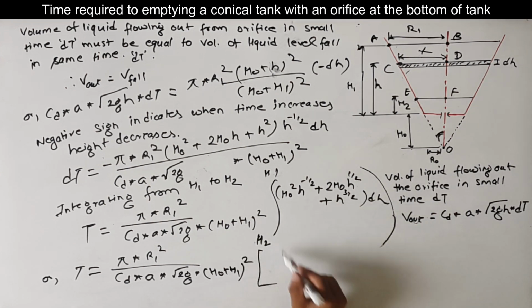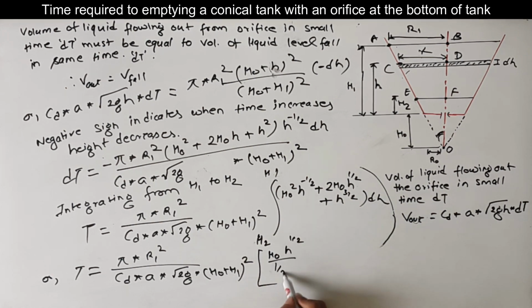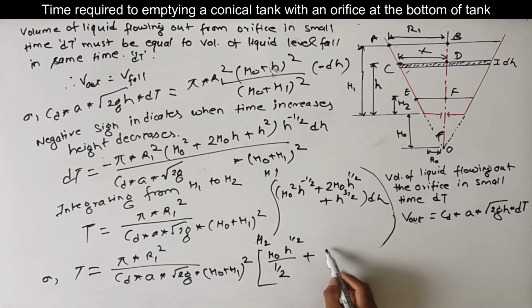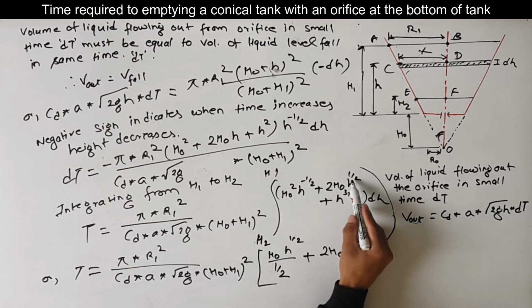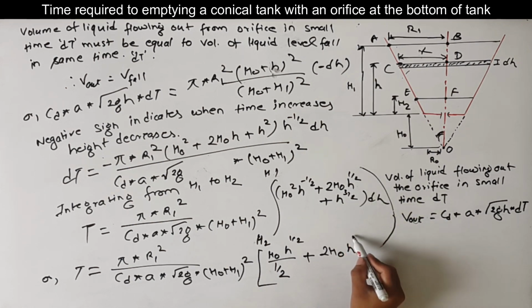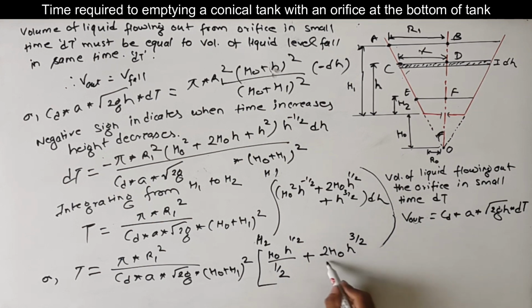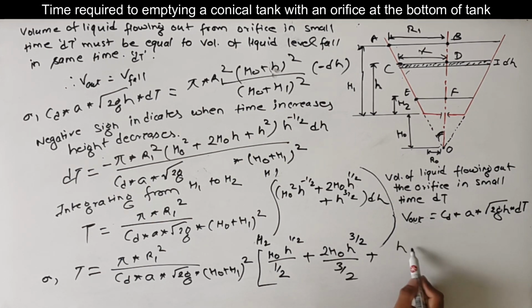Now integrate this term. This h0 square is constant. h to the power minus 1 by 2 plus 1 is h to the power 1 by 2 upon 1 by 2, plus 2 h0 is constant, h to the power 1 by 2 plus 1 is 3 by 2, upon 3 by 2, plus h to the power 3 by 2 plus 1 is 5 by 2, upon 5 by 2.